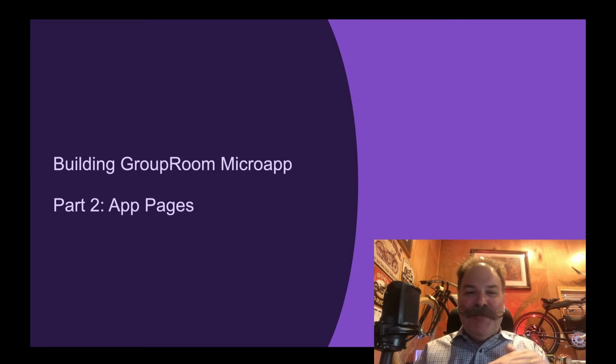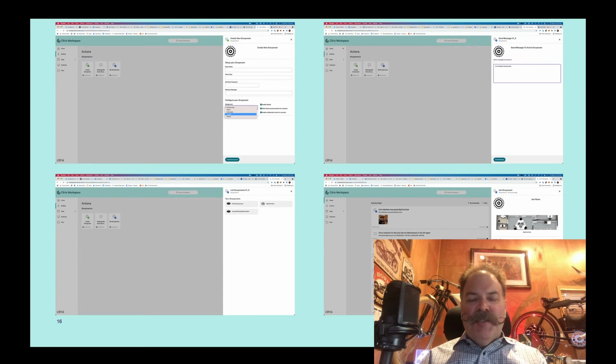So now here's the fun part where we start building the micro app pages that let you actually use the micro app in Workspace. So creating the GroupRoom micro app, we actually created 3. The guideline is to create very simple, small tasks as a micro app.